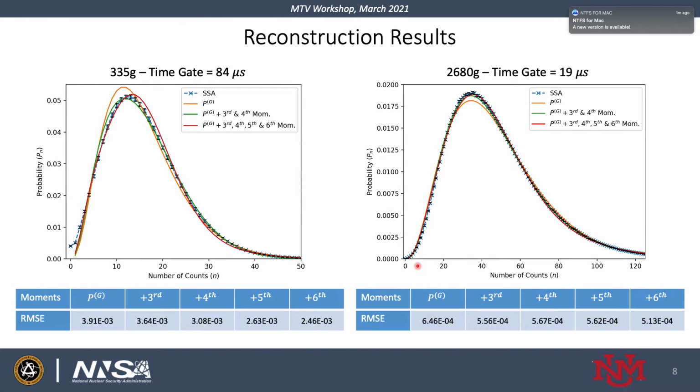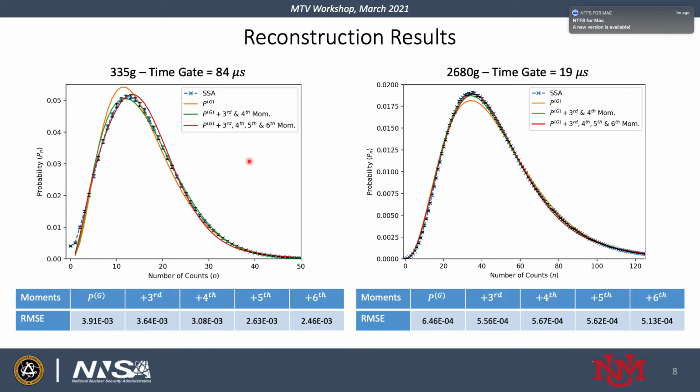So again, we have a 335 gram sample, but this time it's sampled over an 84 microsecond time gate. The plot shows the SSA compared against the gamma distribution alone, the gamma plus the third and fourth moments, and the gamma plus all moments up to the sixth moment.